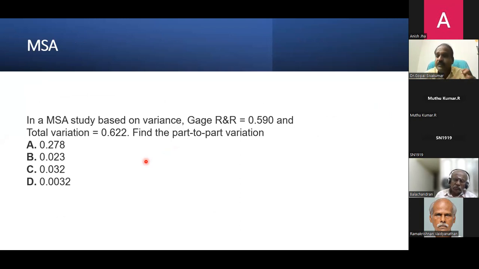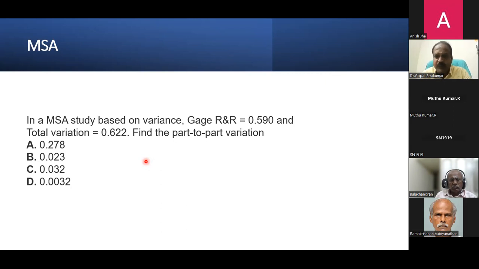First table based on variance, second table based on standard deviation. The only advantage with the variance is there is an equation: total variation is equal to measurement variation, or the gauge R&R, plus part-to-part variation.